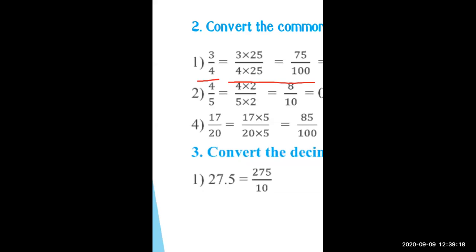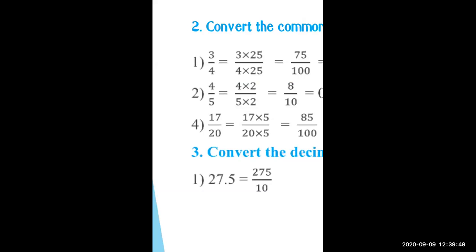So if I multiply the denominator by 25, the numerator 3 should also be multiplied by 25. So 3 into 25 equals 75. Now what do we have to write in the main answer? In decimal fraction. Since it is 100, that means after two digits we have to put the point. So here 75 is only two digits, so the main answer should be 0.75. Now I hope you have understood the first sum.